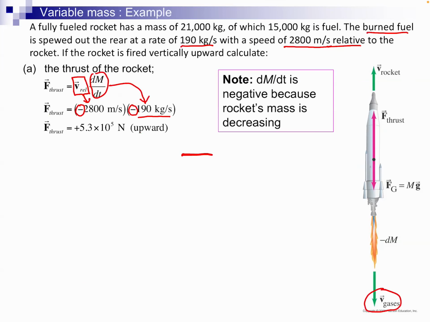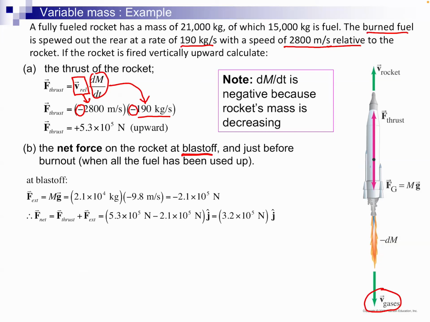So when we calculate the net force, we need to find the weight force, which is the external force being exerted on the rocket. One is the weight force, that's just mass times gravitational acceleration.